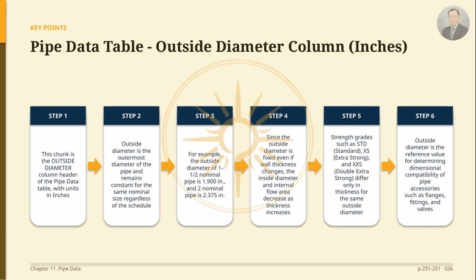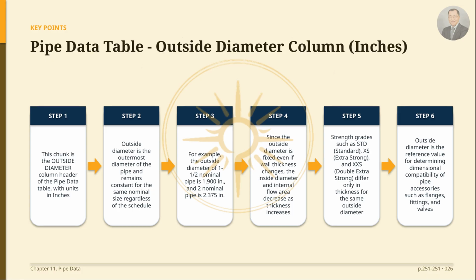Consequently, as the wall thickness increases, the inside diameter and the flow cross-sectional area decrease. Strength ratings such as STD or XS are also configured with different thicknesses based on this same outside diameter.